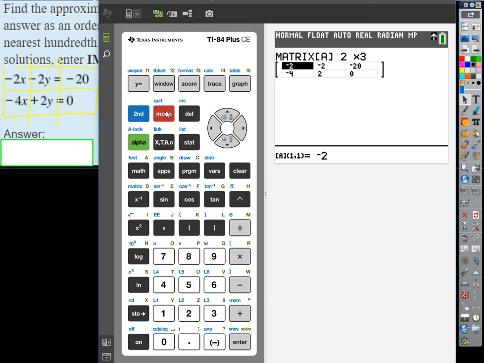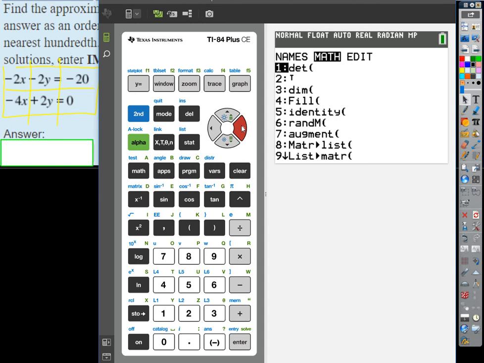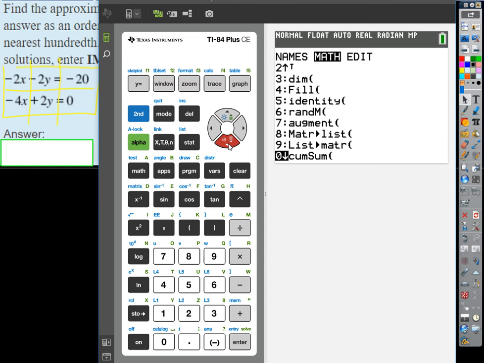Now I'm going to go back and do something with that. Here's the part that's going to be fairly magical. This isn't going to mean a lot, but it's a great tool. If we go back to the matrix screen and scoot over to the math menu, we want to go all the way down to row B, RREF. What that stands for is reduced row echelon form, which is going to mean nothing to you.